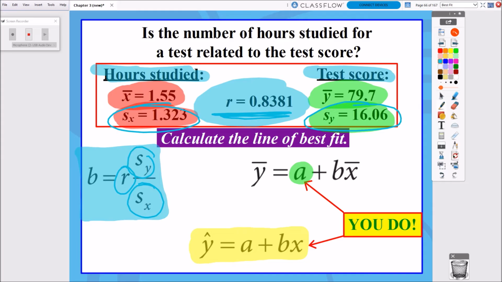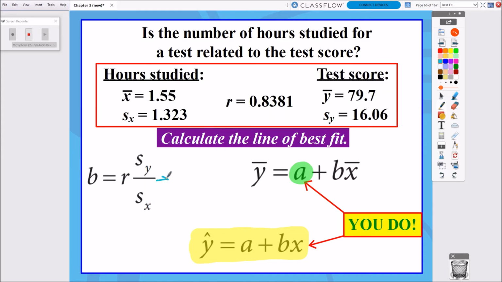So we're going to use our calculator. So this is going to turn into 0.8381 times 16.06 divided by 1.323. Now really, out of these three numbers, we've got multiplication and we've got division going on. And does it matter, according to the order of operations, which one you do first? And no, it doesn't matter.